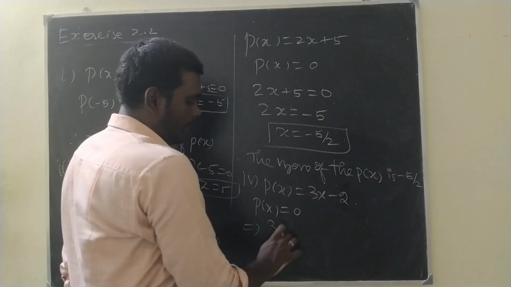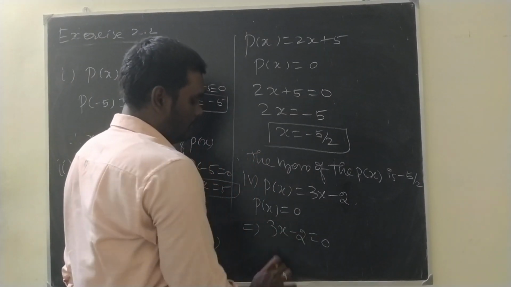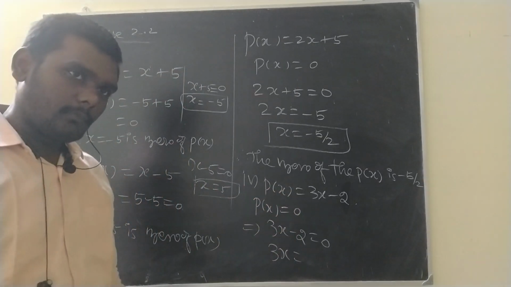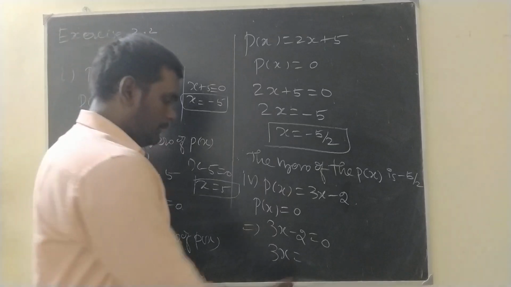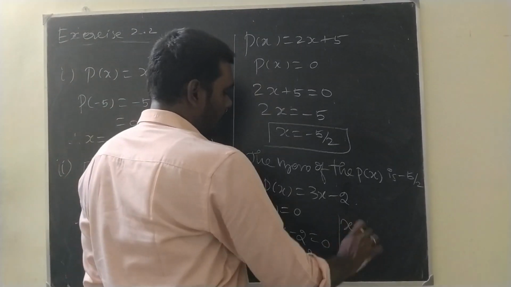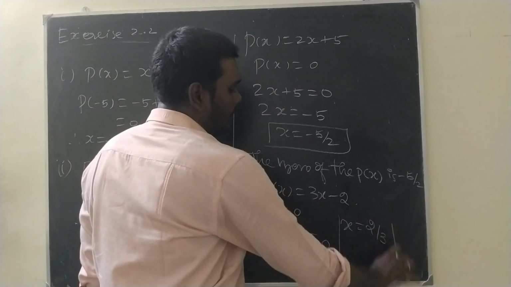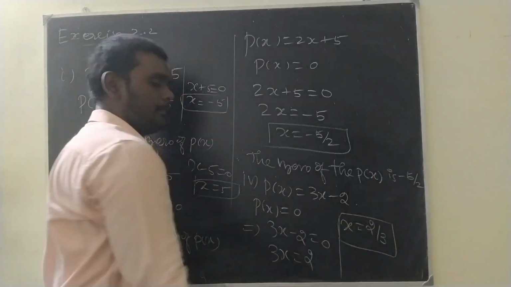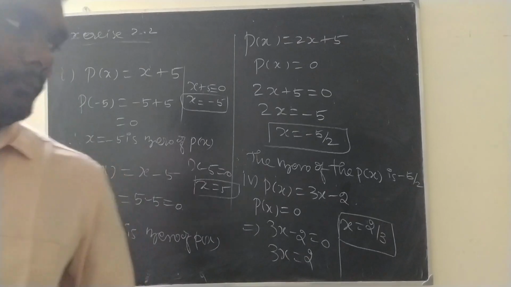So, P of x is 3x minus 2 equals 0. When this minus 2 is transposed to that side, plus 2, and x equals 2 by 3. Therefore, the zero of the polynomial p of x is 2 by 3. Okay.